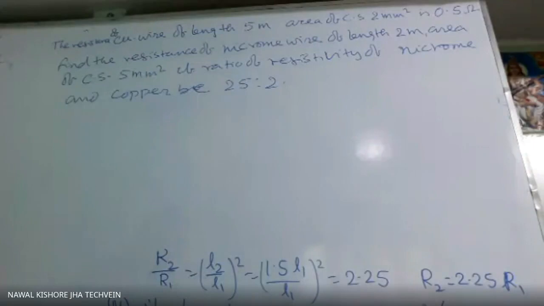Find the resistance of nichrome wire of length 2 meter, area of cross section 5 millimeter square, ratio of resistivity of nichrome and copper is 25:2.